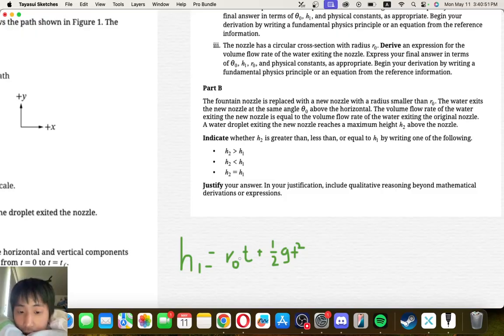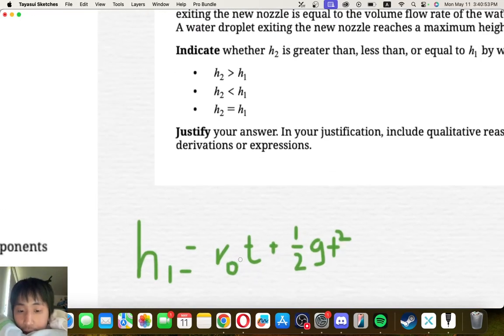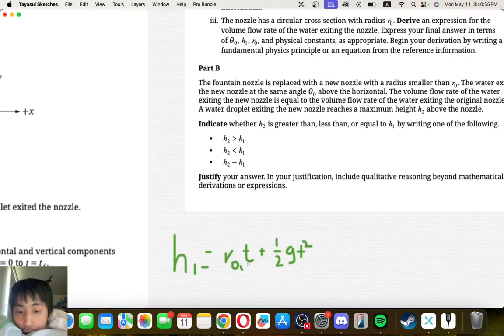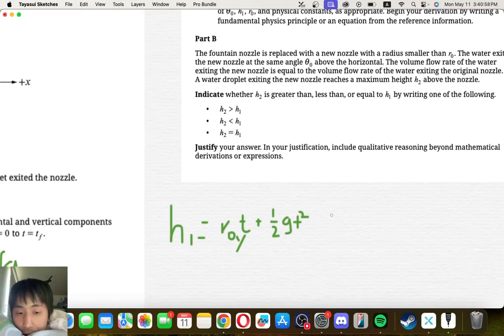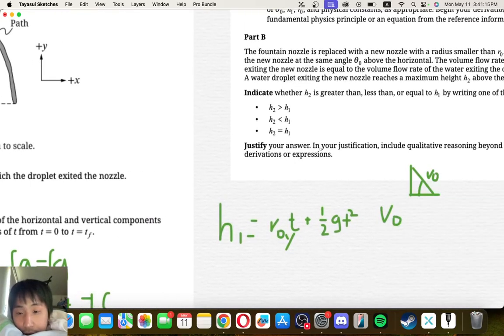V0 in this case would actually be V0y, because you're using the height. And basically, since it's V0y, if we do a triangle, this part is V0, and if we assume this is theta, right? Okay, theta is adjacent to the horizontal, so then it's sine theta.